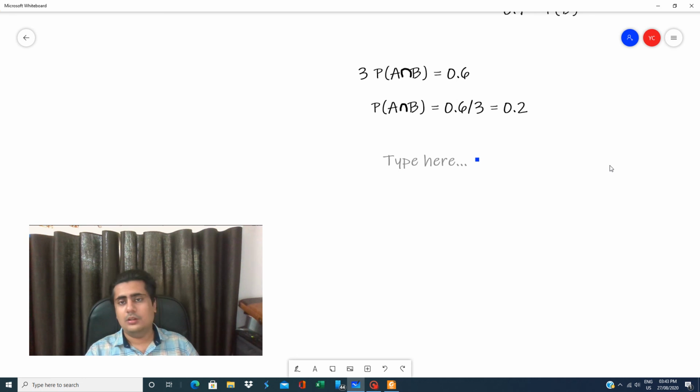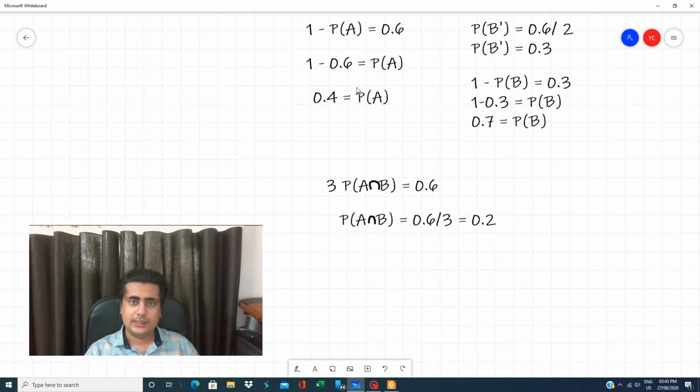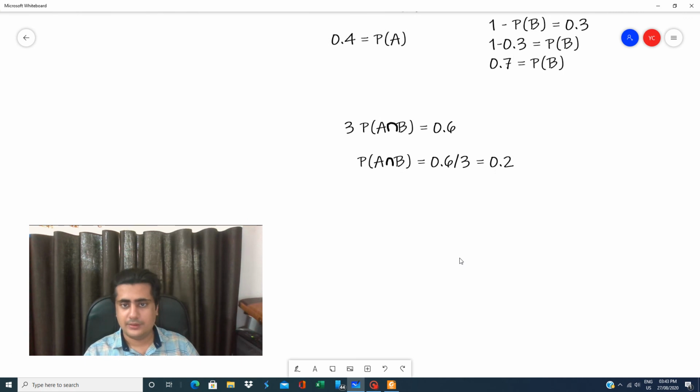Now I got A as 0.4, B as 0.7 and intersection as 0.2. Let me write it in one line so that we can see it clearly.